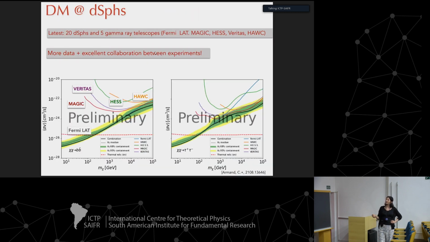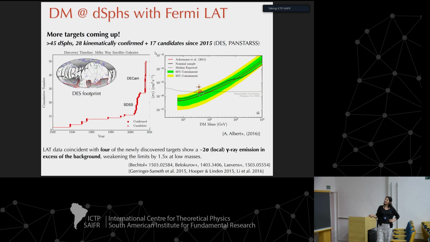I'll show you later. Another development that was also very interesting is that all these telescopes actually came together: Fermi, MAGIC, VERITAS, H.E.S.S., HAWC. They all shared the data on 20 dwarfs from these 5 gamma ray telescopes and made a joint likelihood.